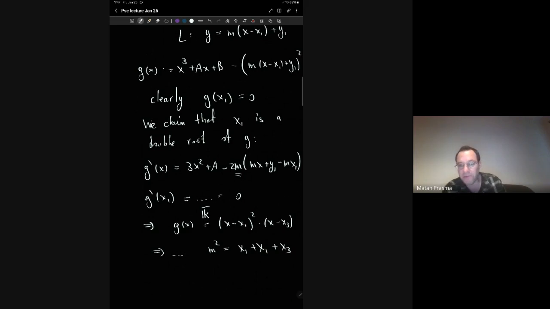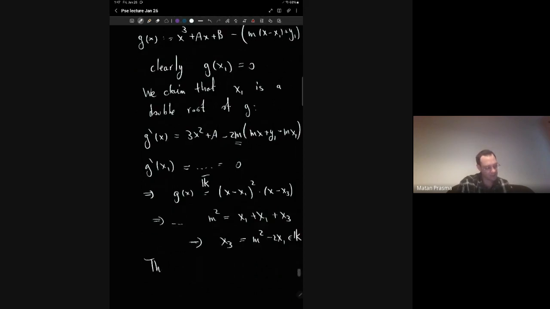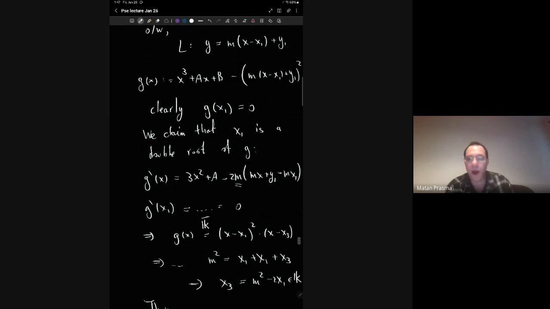This is just as before, only that instead of having two distinct roots x1 and x2, I have a double root x1. And this means that x3 is m squared minus 2x1, which is an element in K. Thus, that's the only possible. This shows you, by the way, that there could be no other intersection point of the line with the curve.